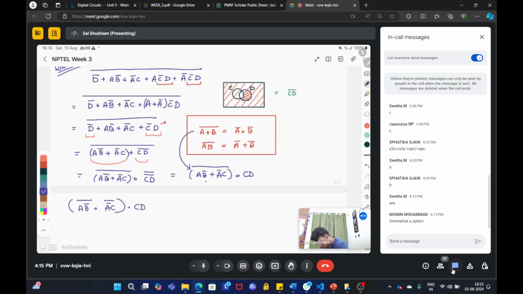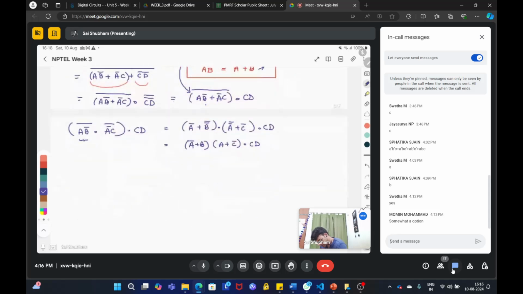Now in this case we will apply this one, which will be A bar plus B bar bar multiplied by A bar bar plus C bar into CD, which will be A bar plus B A plus C bar into CD.